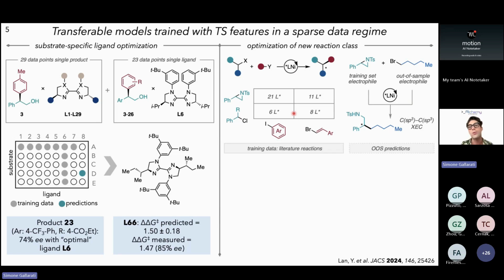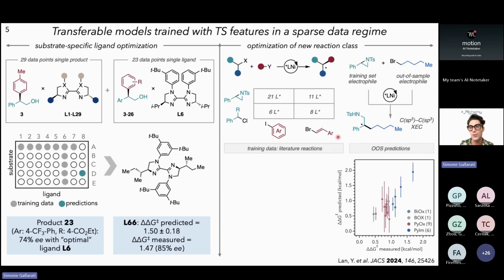And then once we trained the model, we applied it to a different transformation. This is a CSP3 coupling that involves one electrophile that is already seen by the model and a different electrophile that is completely unseen. This is, of course, quite a challenging situation because we're asking our model to extrapolate significantly, but we wanted to push this approach as much as possible.